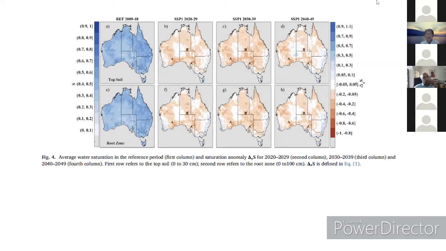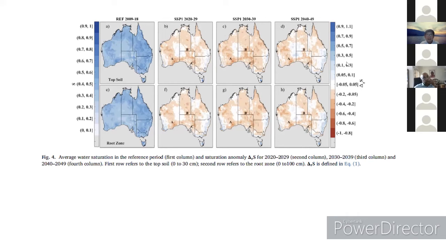This is a climate projection from 2020 to 2030, 2030 to 2040. This one is the reference, 2009 to 2018. And this is the future projection, next 10 years, next 20 years, and next 30 years.